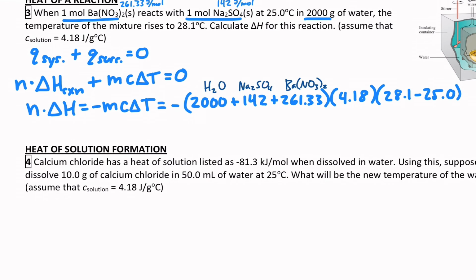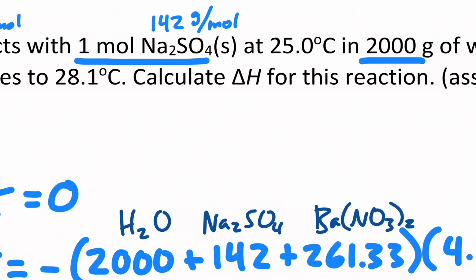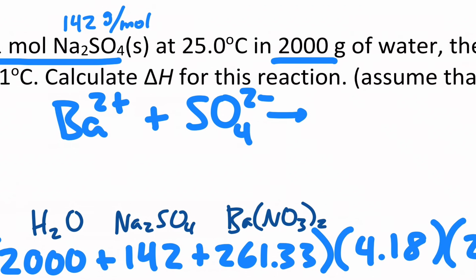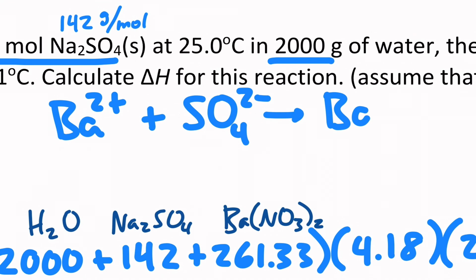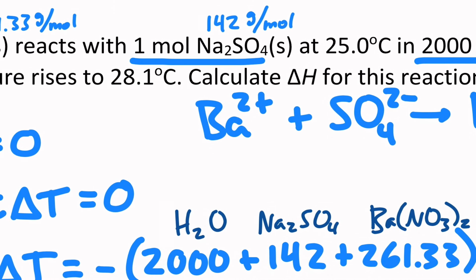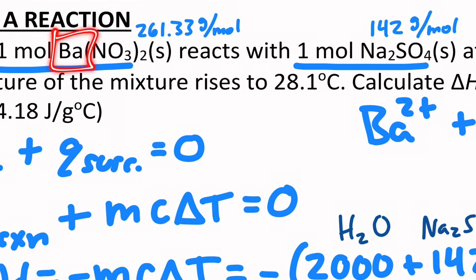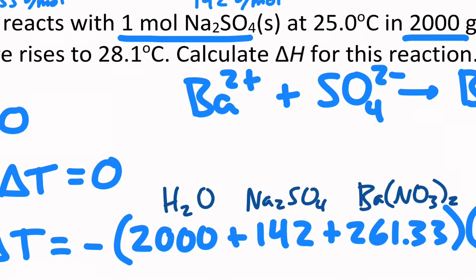But let's go back and think about what reaction is actually happening. The reaction is barium ion plus sulfate ion turns into barium sulfate. And we have a mole of each reactant. We have 1 mole of barium and 1 mole of sulfate, so they're simultaneously both limiting.